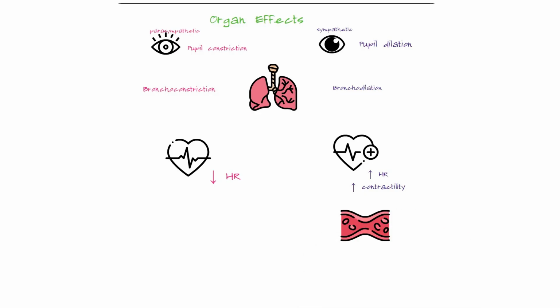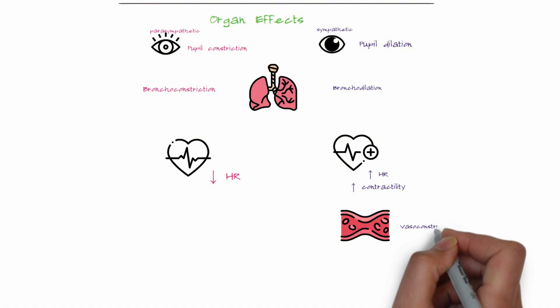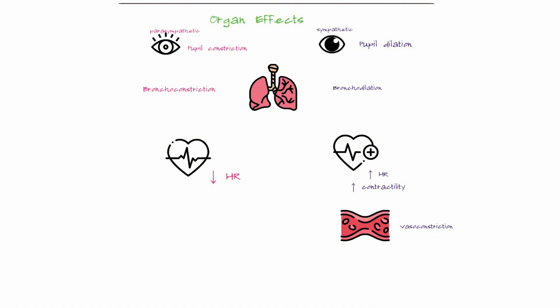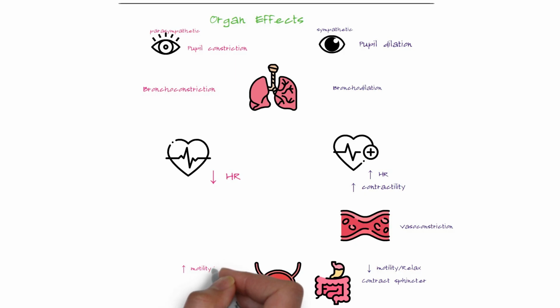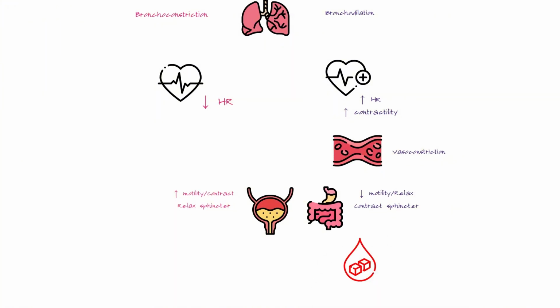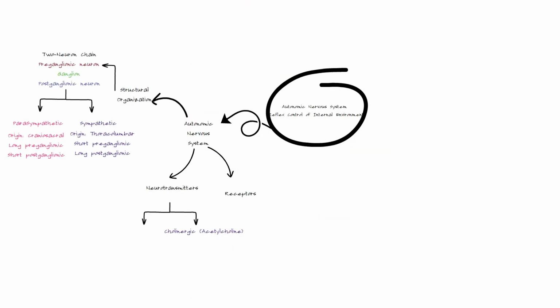With the parasympathetic, the wall is contracted and the sphincter is relaxed. Also, the sympathetic increases the blood glucose since it is catabolic, while the parasympathetic is anabolic. At the end, remember that the sympathetic is responsible for all what we can see in the fight and flight. That's the end of our memo map for today.